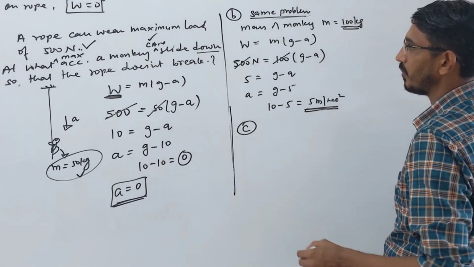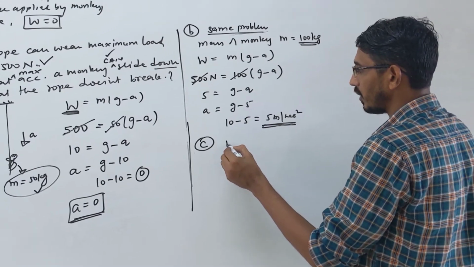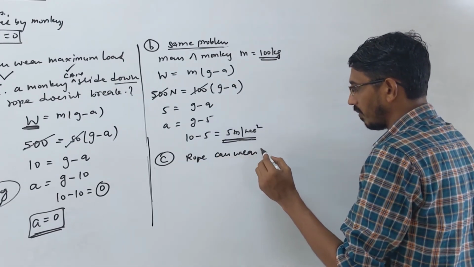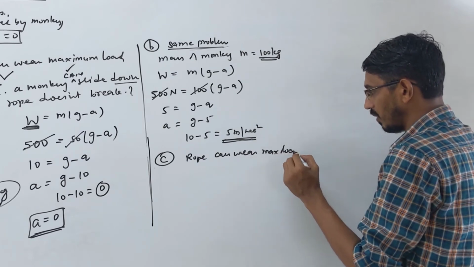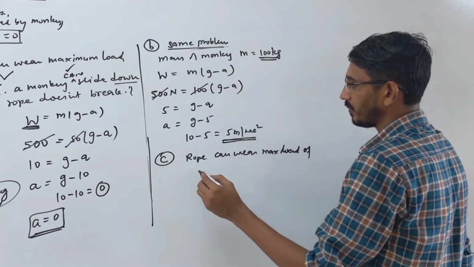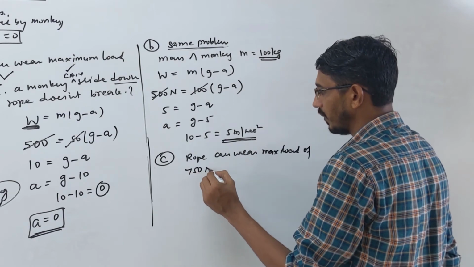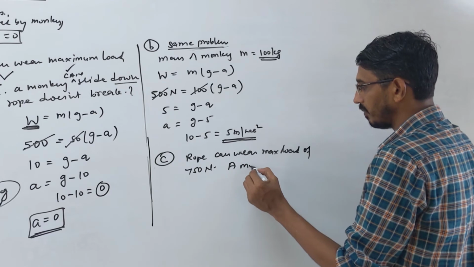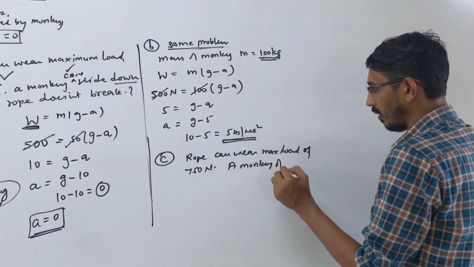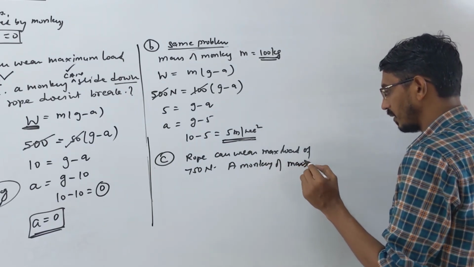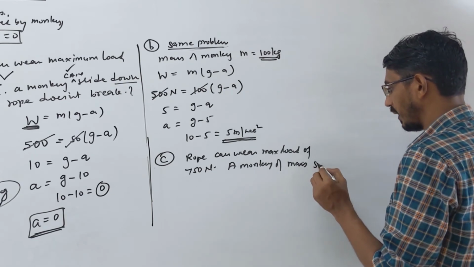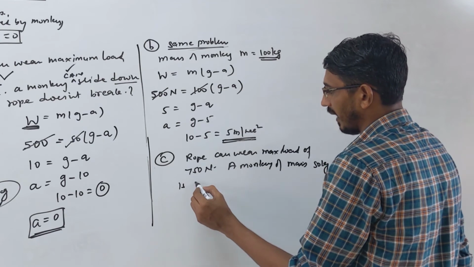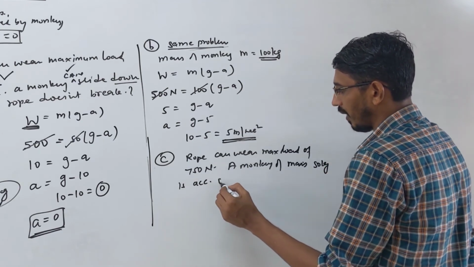Now I say the same question, suppose I am writing a shortcut: a rope can bear a maximum load of, let's say, 750 Newton. A monkey of mass, let's say 50 kg, is again accelerating upward.